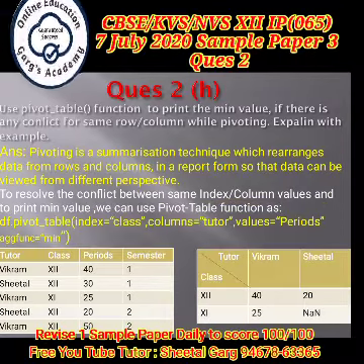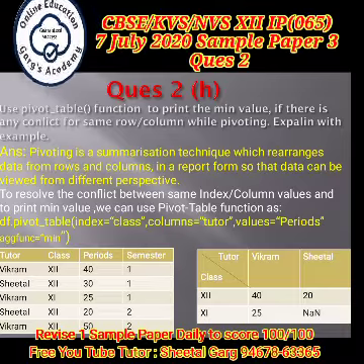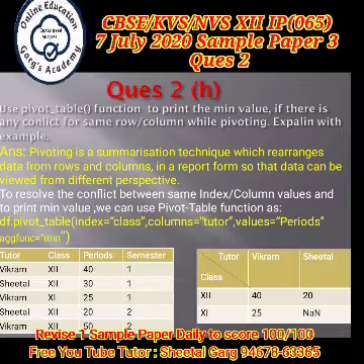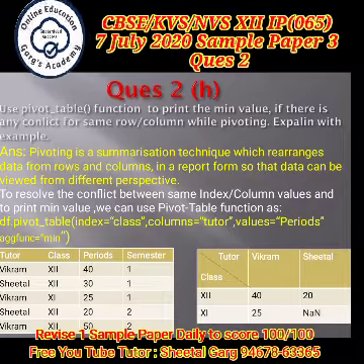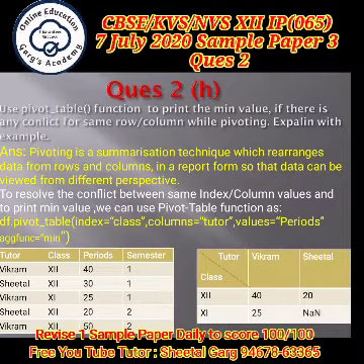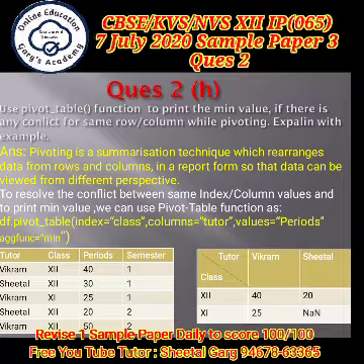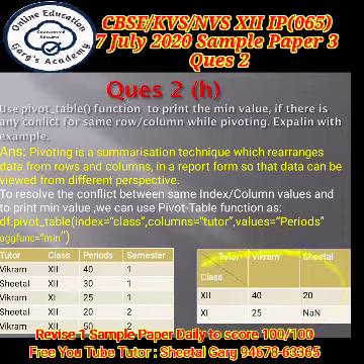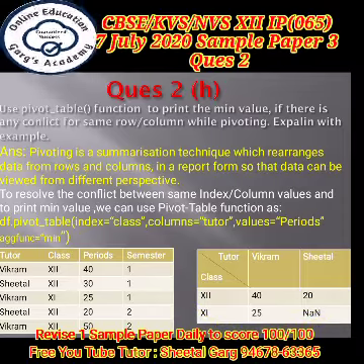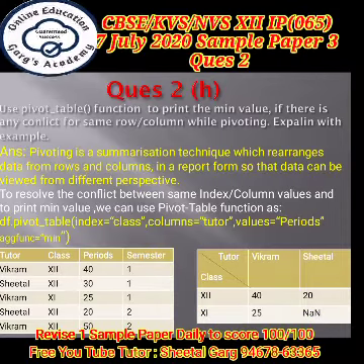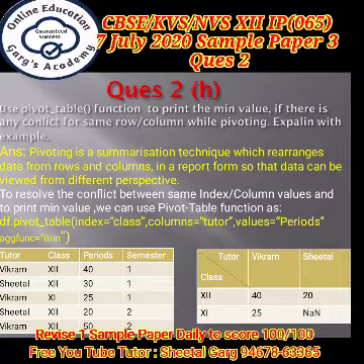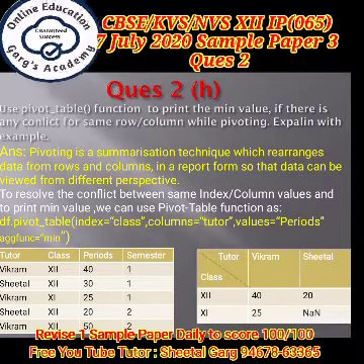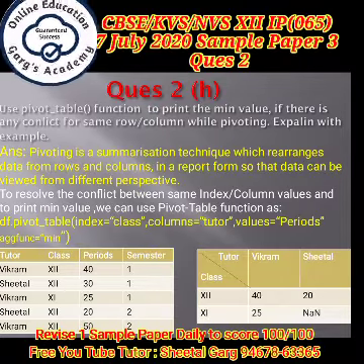Suppose I have taken an example of a data frame in this way, where Mr. Vikram, Miss Sheetal and Mr. Vikram again are taking classes +2 and +1, and their number of periods and semester are given in this table. We don't want to check for semester, we just want how many classes of +2 Mr. Vikram is taking and how many classes of +2 Miss Sheetal is taking, and similarly for the +1 class.